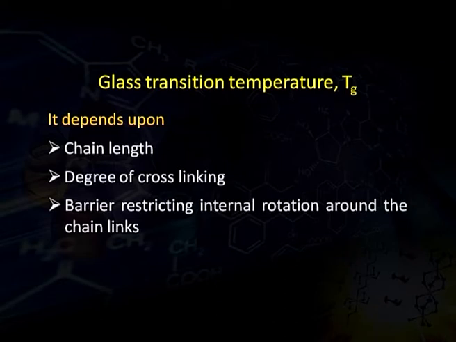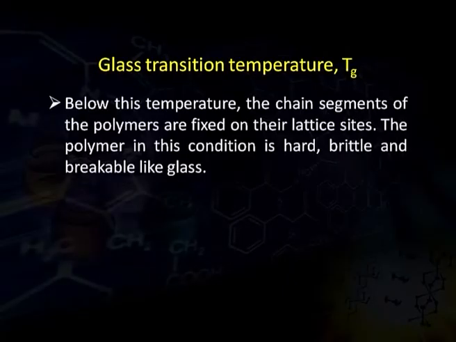Below this temperature, the chain segments of the polymer are fixed on their lattice sites. The polymer in this condition is hard, brittle and breakable like glass. Means if the Tg, that means the glass transition temperature, has not been reached, at a temperature below this temperature, the polymer would be hard, brittle, that means it will easily break like a glass.